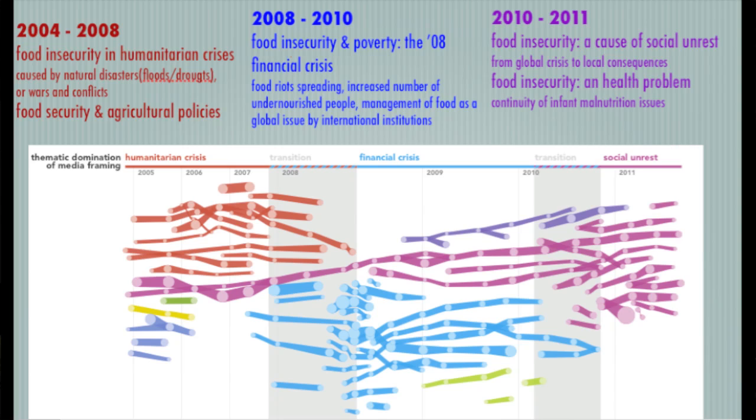What is interesting here as well is that you can go back to this framing and see which agencies, which actors are involved at each period of time. For instance, you can see that some institutions are much more present when some type of framing is adopted.